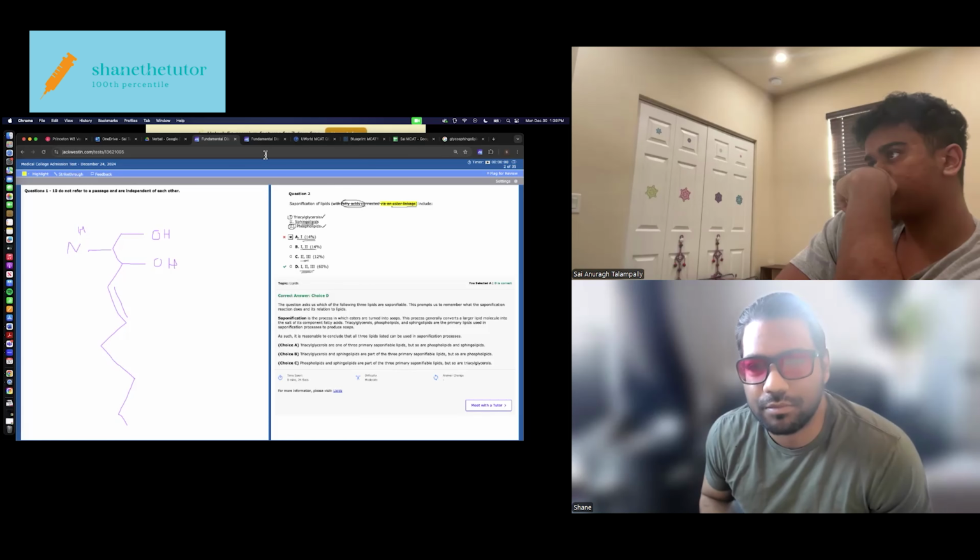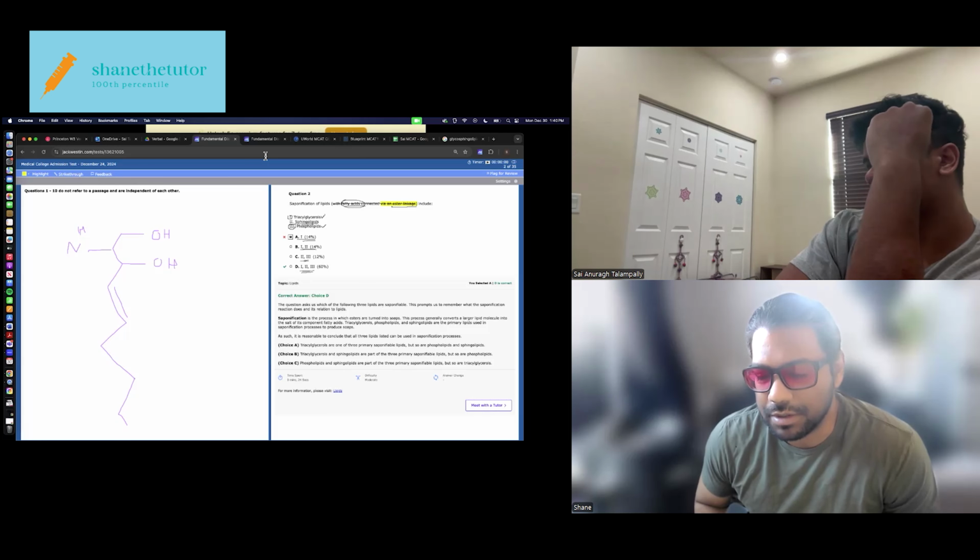They probably mean to ask which of the following lipids can be saponified, and they're thinking that if you don't remember what saponification means, they're telling you in the parentheses that saponifiable lipids are ones that have fatty acids connected via an ester linkage.